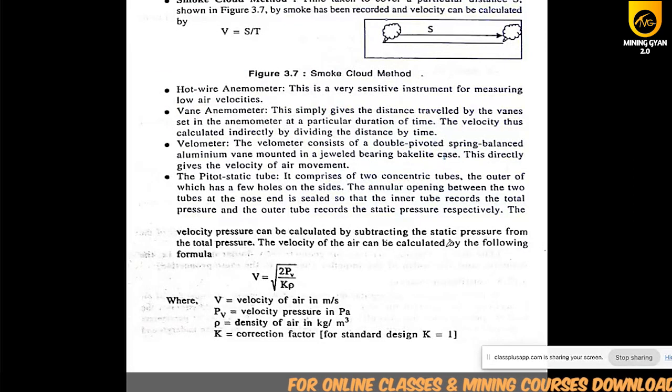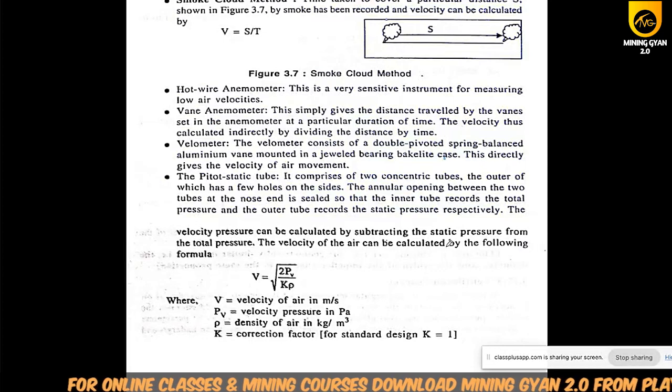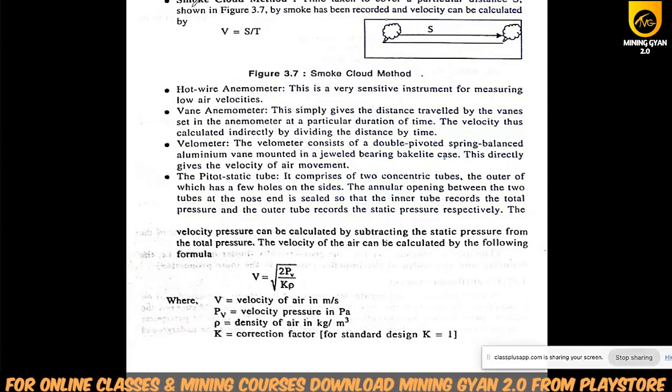Next is the measurement of the velocity of the airflow. There are various methods on the basis of which you measure the ventilation. First is the smoke cloud method. Suppose this is your district, and air flows through this district.